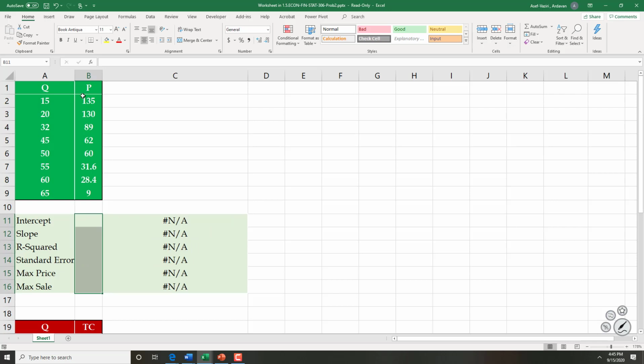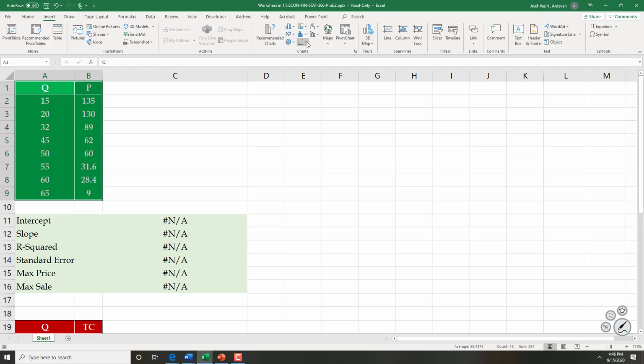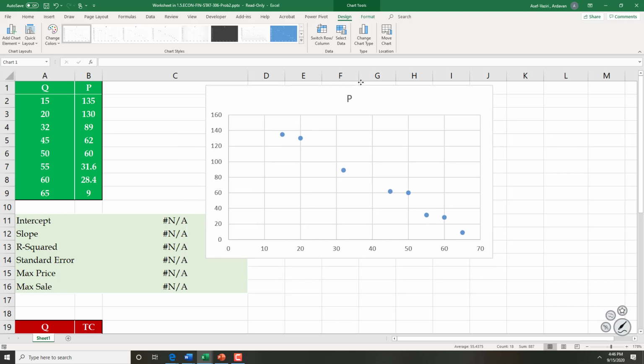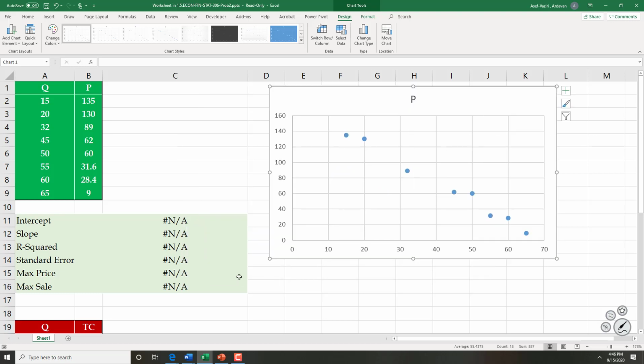These are the prices that I have set, and these are quantities that I have sold. Therefore, if I insert a scatter graph and draw this graph, this is how the price versus quantity curve looks.